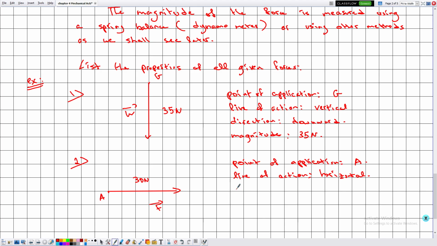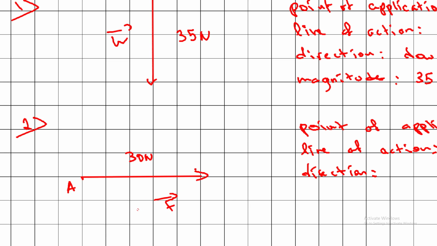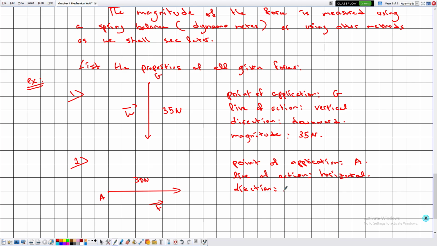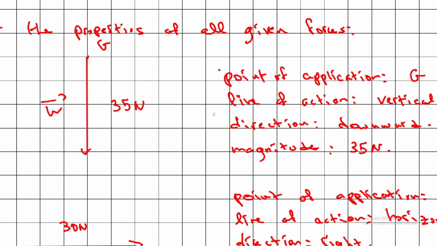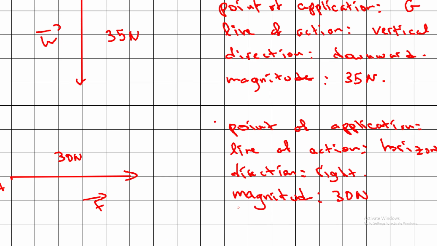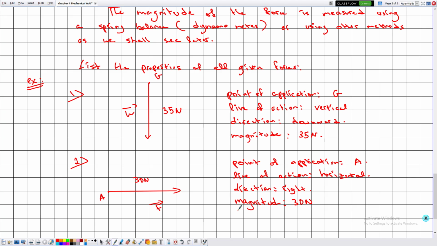As for the direction, notice that the direction of this vector is determined from the head. The head is pointing to the right. And as for the magnitude, notice that the magnitude of this vector is indicated here, which is given by 30 newtons. Recall that I'm listing these properties in the PLDM order.